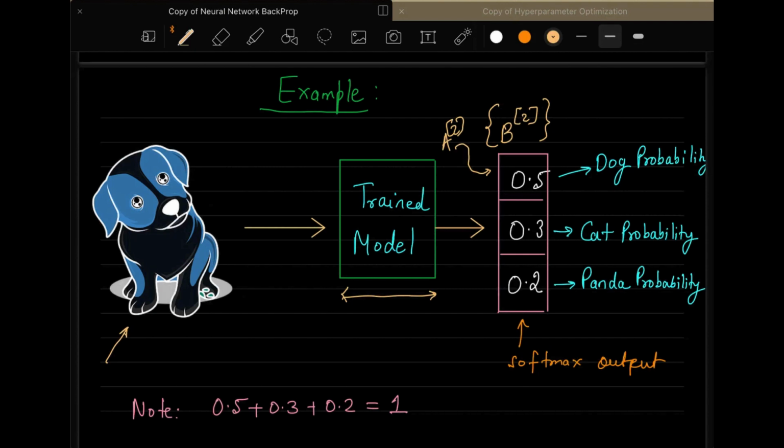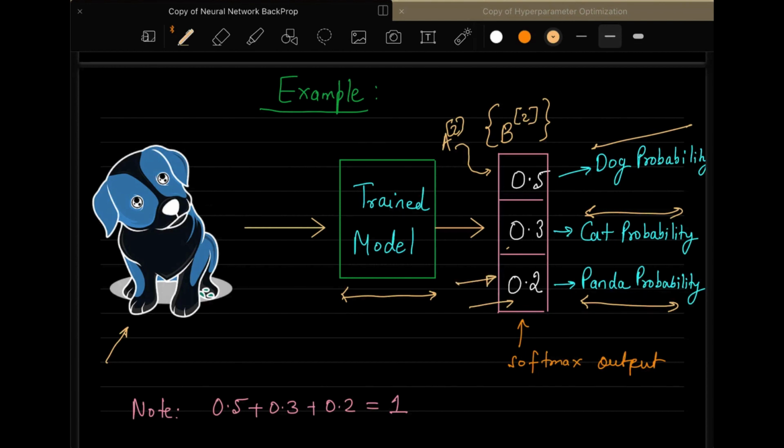I am taking a 3 class data set, as I was discussing in our last slide also. The first point is giving you the probability of the dog, which is 0.5. Then we have a cat probability, and then we have a panda probability of 0.2. So we have these 3 different outputs coming from this trained model, which is actually transformed using softmax to get this vector.